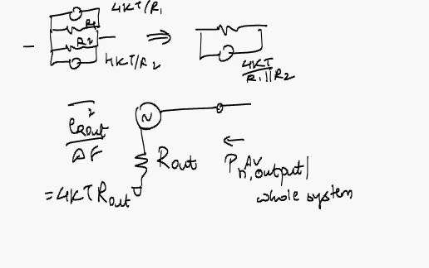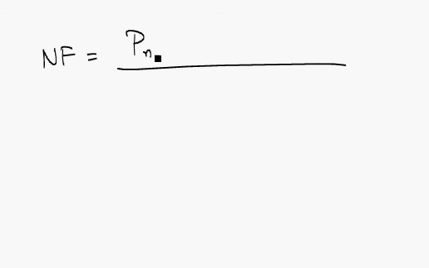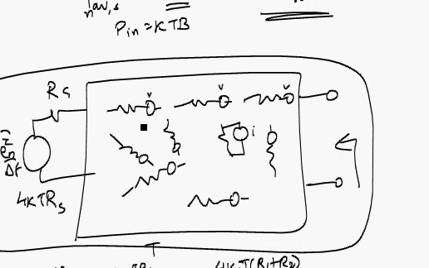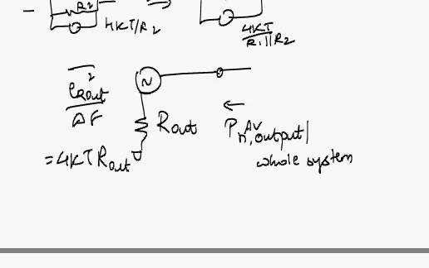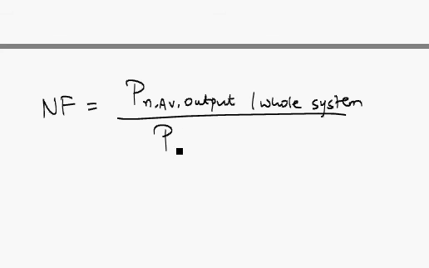If you have done that effectively, now you have the noise figure of the attenuator, which is the noise power available at the output because of the whole system, which I showed is equivalent to the power available in this case, divided by the noise power available at the output only because of the source resistance.